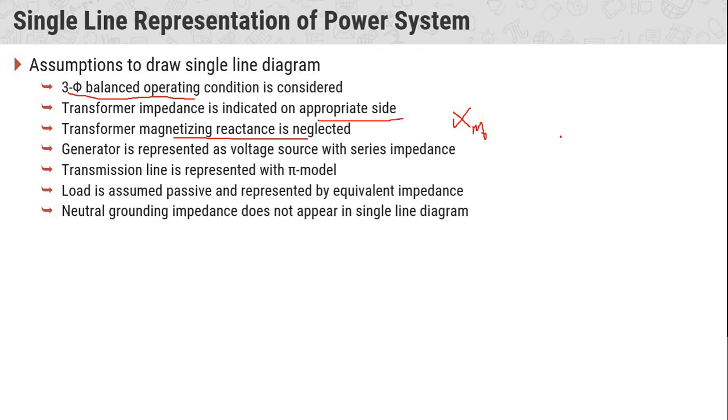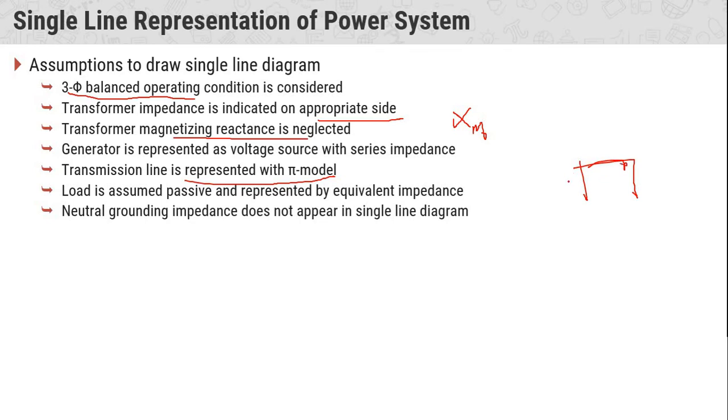Generator is represented as a voltage source with a series impedance, because series impedance means the generator has its own impedance. Transmission line is represented as a pi model. This is a pi model of the transmission line.